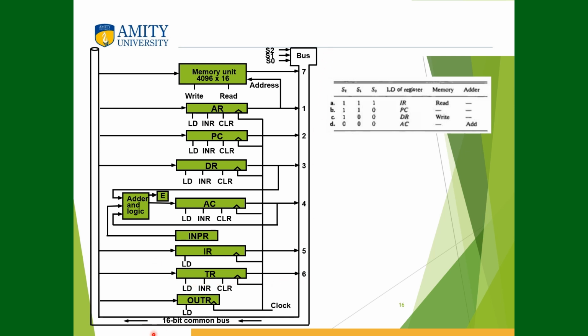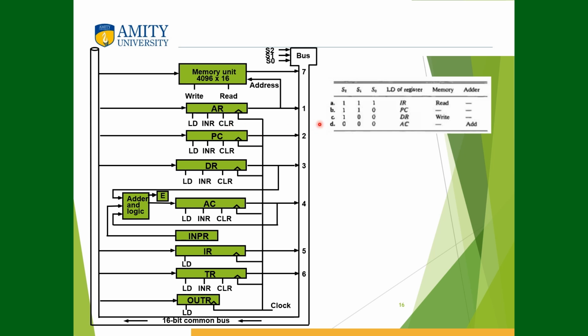Hence the temporary register's data will be copied onto the bus, and then we can see that the program counter has load set to 1, so our program counter will be ready for loading information onto it. Since we have nothing to do with the memory or the adder, there will be no operations there. The temporary register was copied onto the bus, so in the next clock transition the data will be transferred to the program counter and loaded onto it.